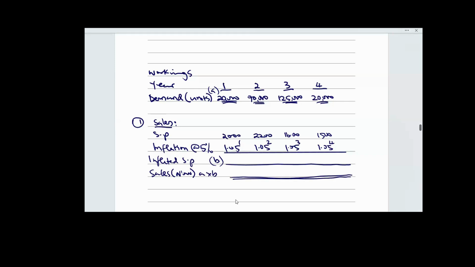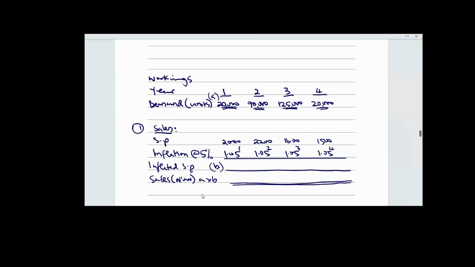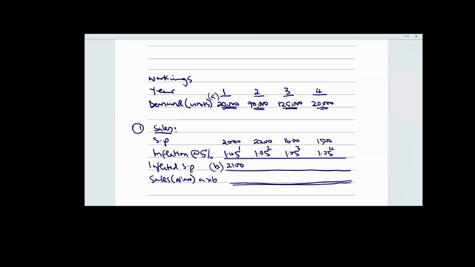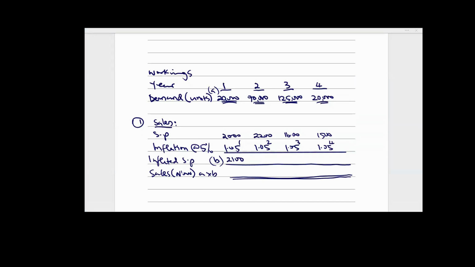So let's multiply. 1.05 raised to power 1, multiply by 2,000, equals 2,100. Then 1.05 raised to power 2, multiply by 2,200, that's 2,425.5.